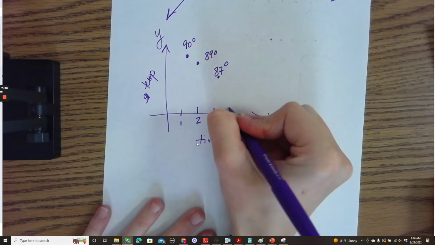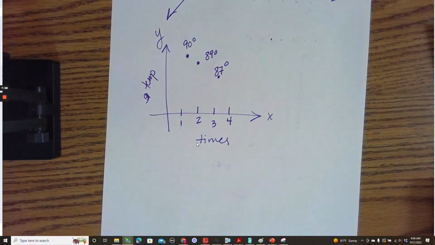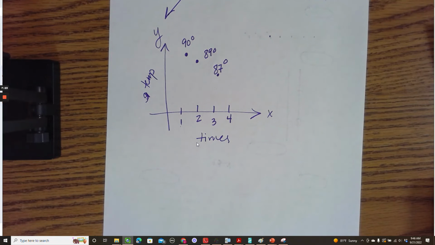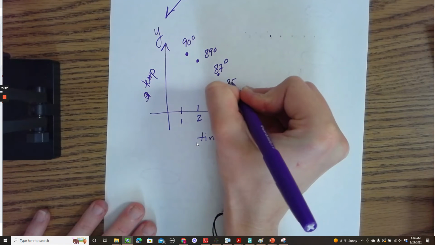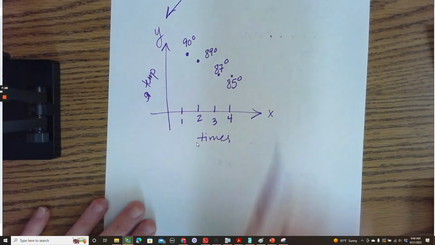So at the 4 minute mark, is there any way that I could look at the temperature and it's going to say 86 degrees and 88 degrees? Is that how temperature works? No, if I look at the thermometer at 4 minutes, it's going to give me one temperature. It's going to say maybe 85 degrees, right?